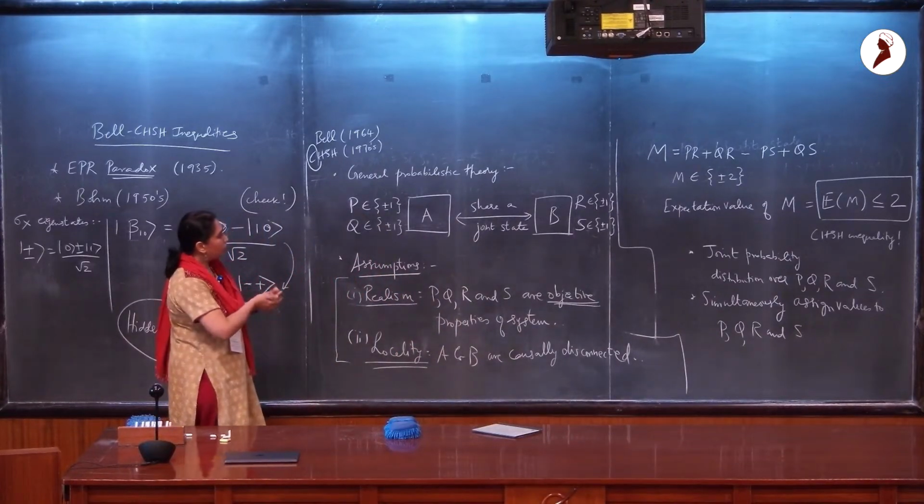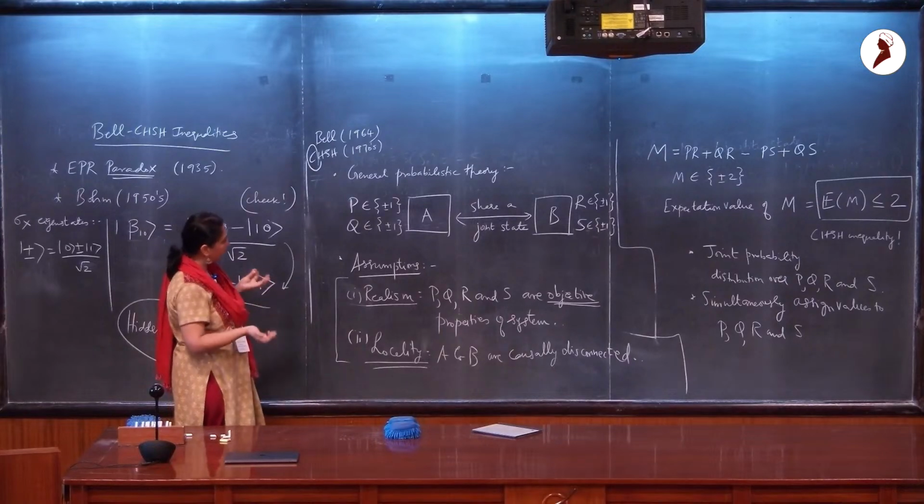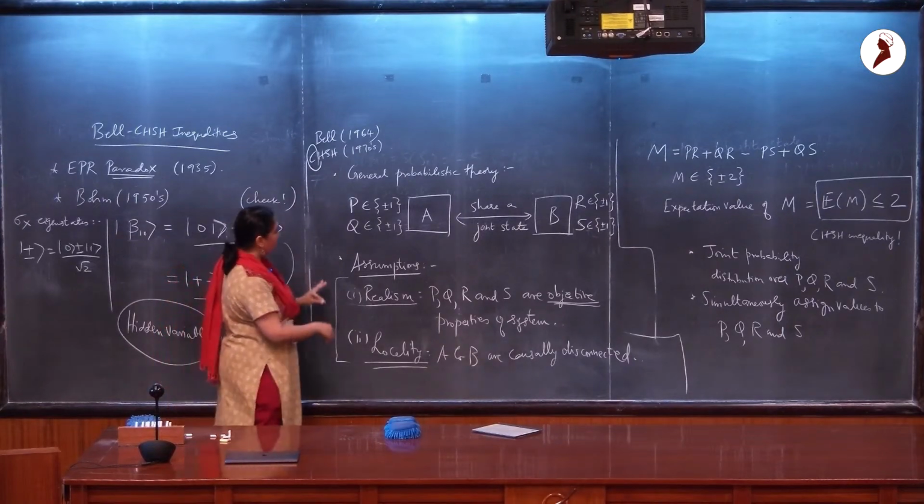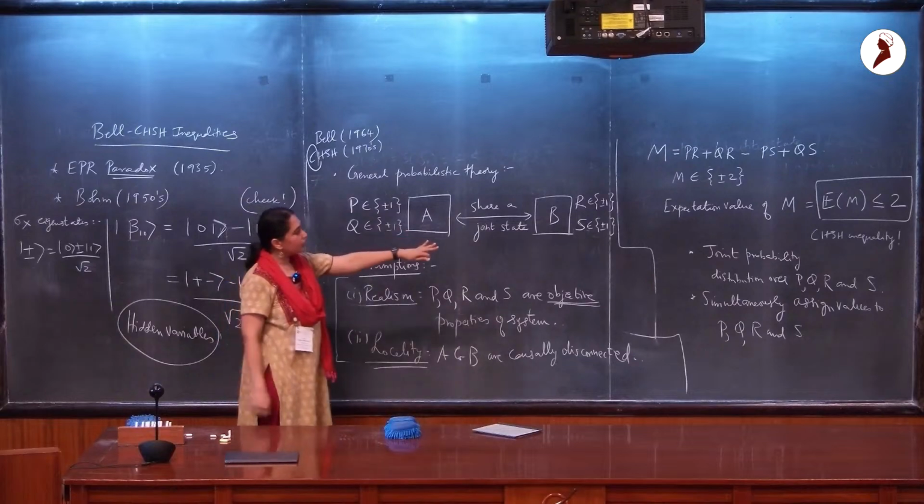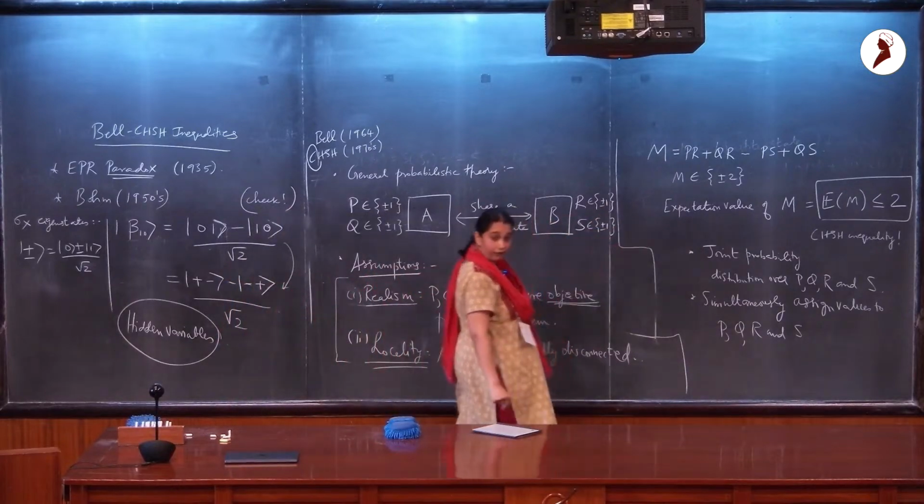So then what do CHSH do? They say that if I assume a local realistic theory of this form, this is what I expect such a function to have.